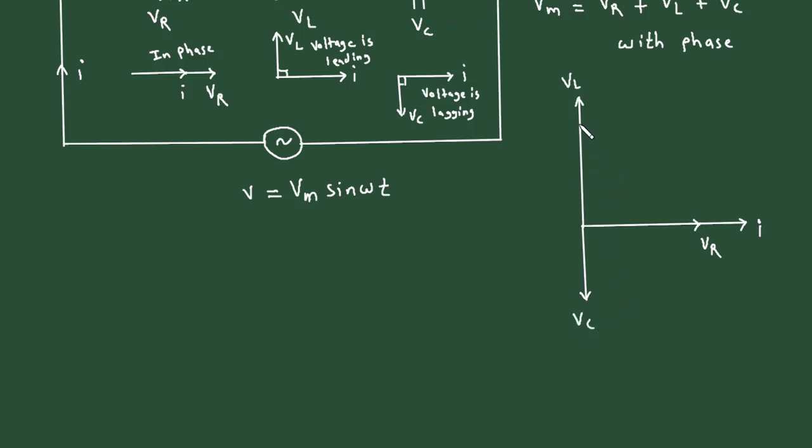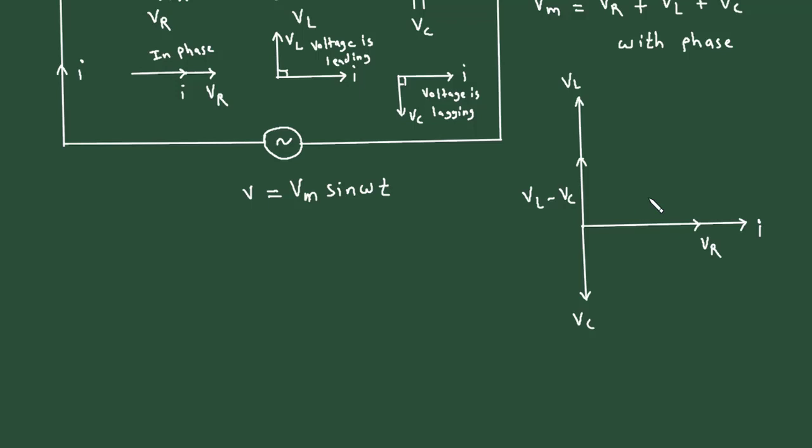Now here we can see the VL and VC are in opposite direction. And here VL is greater than VC. So for this condition, we will subtract this much length from VL. So let's say this is the length of VC. So this remaining length will be VL minus VC.